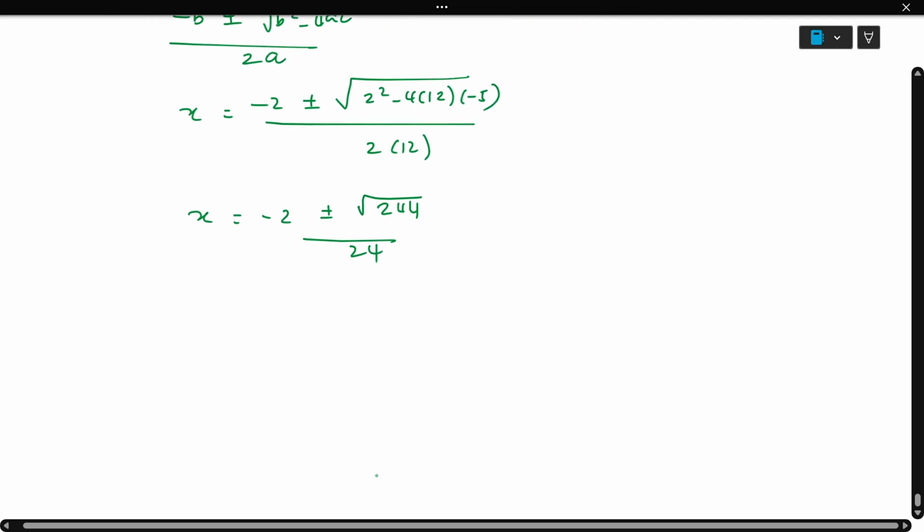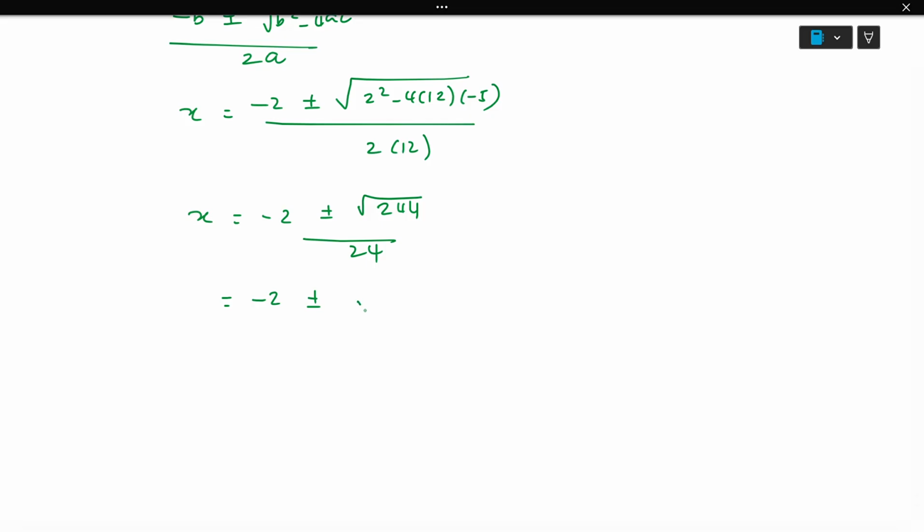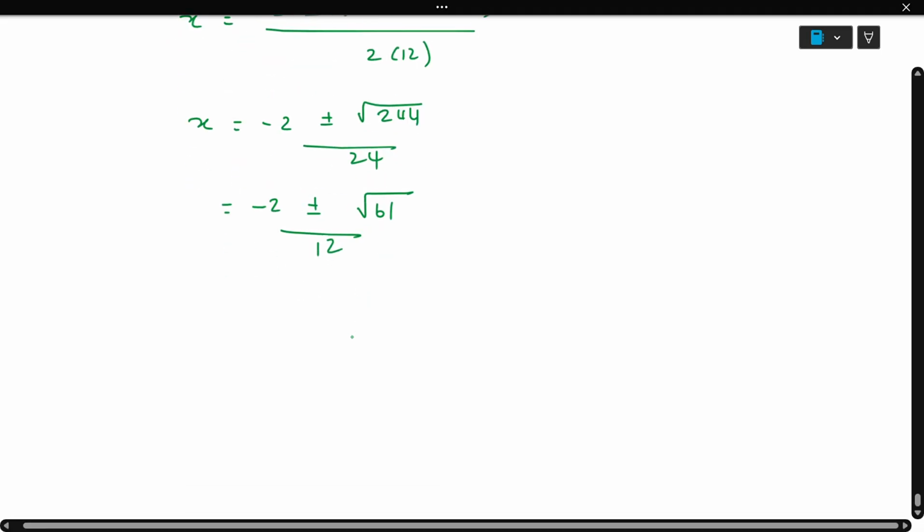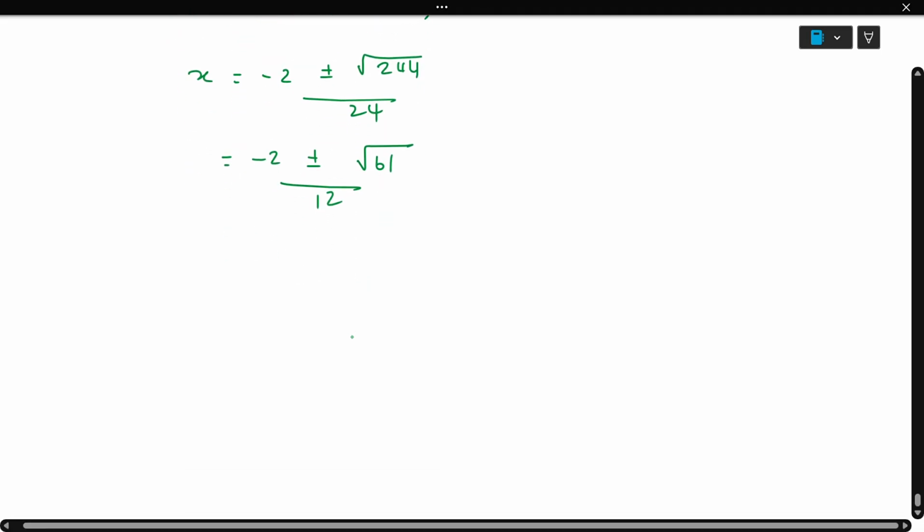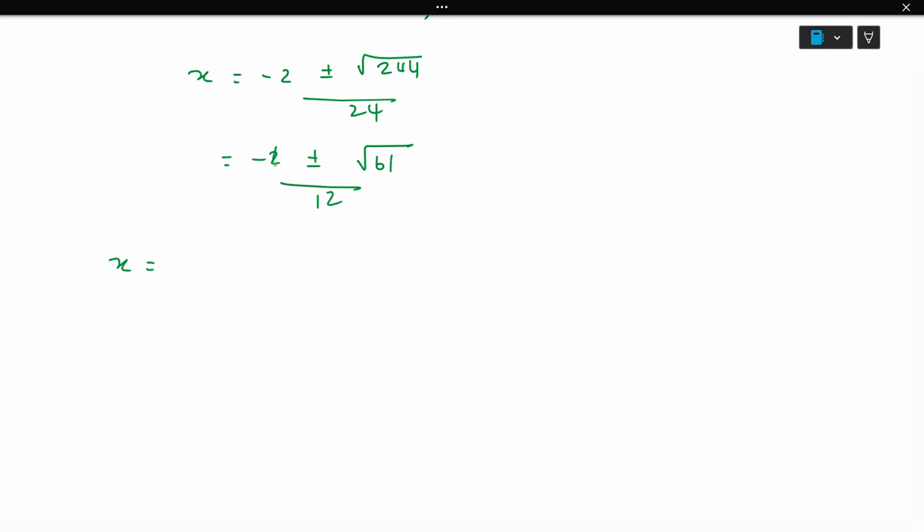For the simplification, we get minus 1 plus or minus square root of 61 over 12. So we'll get two values: x equal to minus 1 plus root 61 over 12 and x equal to minus 1 minus square root of 61 over 12.